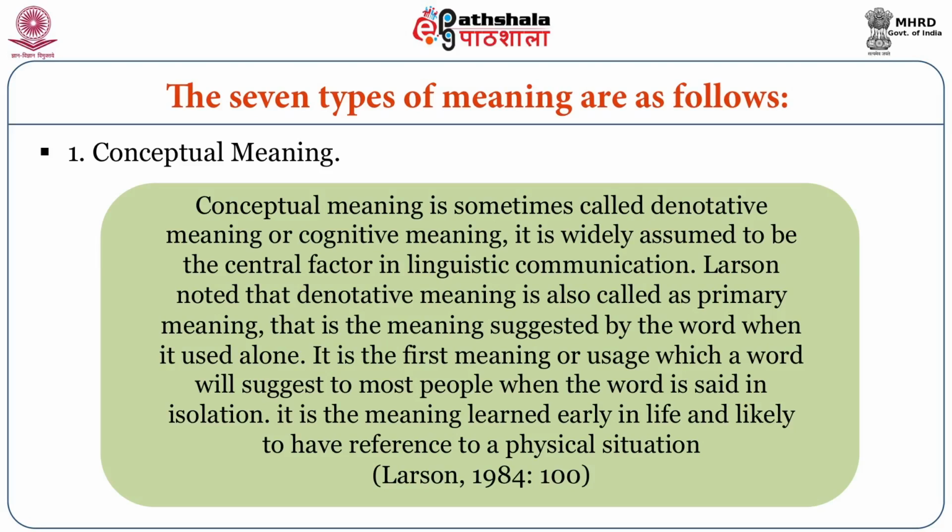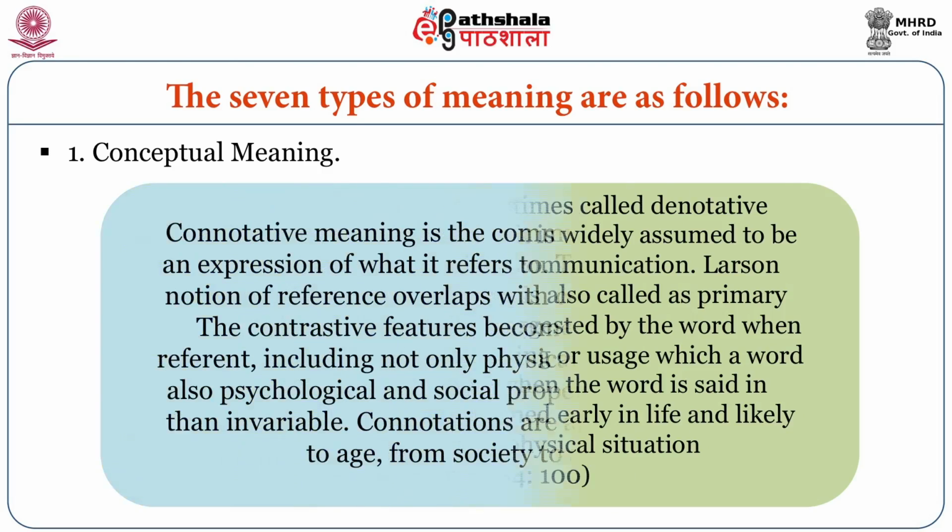It is the first meaning or usage which a word will suggest to most people when the word is said in isolation. It is the meaning learned early in life and likely to have reference to a physical situation. It was said by Larson in 1984.